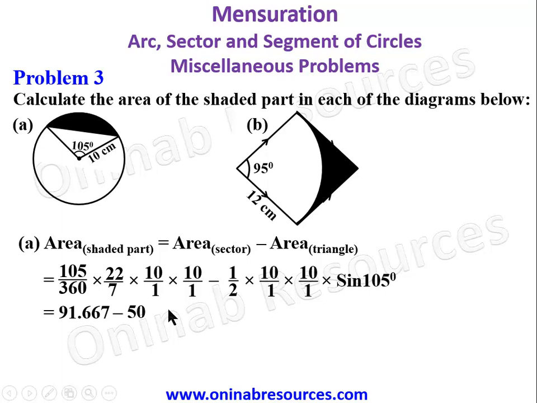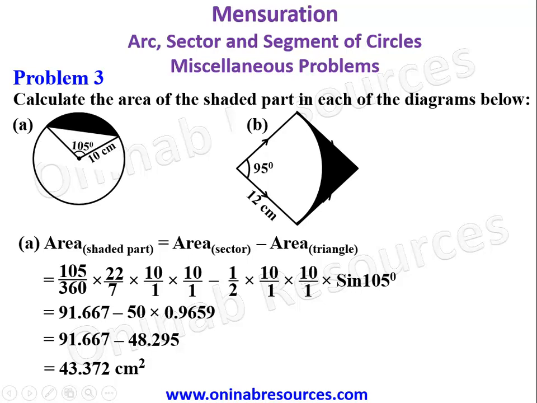From our calculator, we have it as 0.9659, and simplifying this, multiplying 50 by 0.9659, we have it as 48.295. And now finally, subtracting this, we have 43.372 squared centimeters, which gives the area of the shaded part in diagram A.